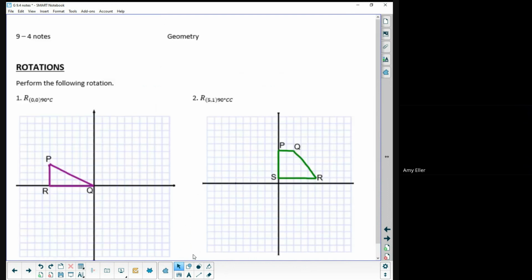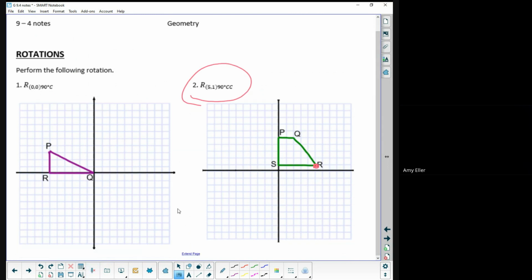So when we did number 1, we didn't use any patty paper. We wrote down our points. We applied the formula, and we got our new points. When you rotate around the point (5, 1), you can't use those formulas. So what you do is you take your patty paper, you trace those points, write them down, cut it out, and rotate it.